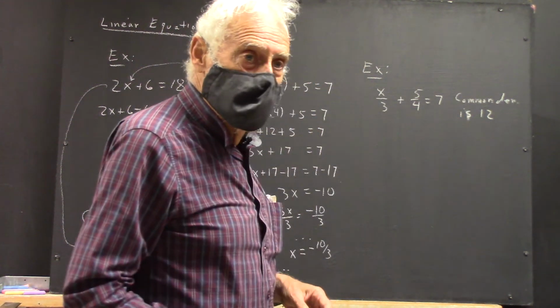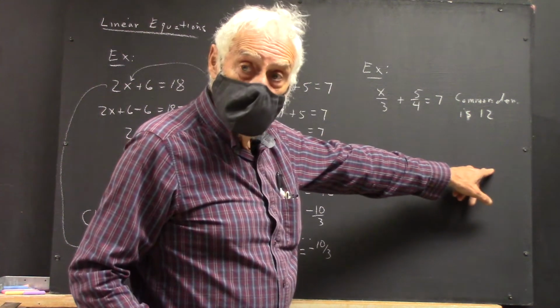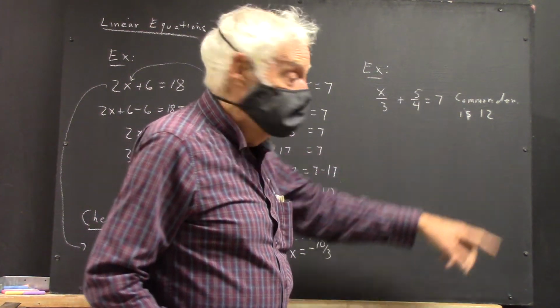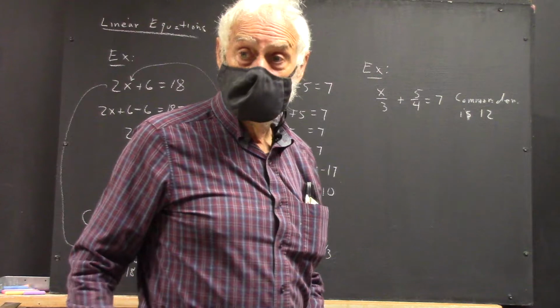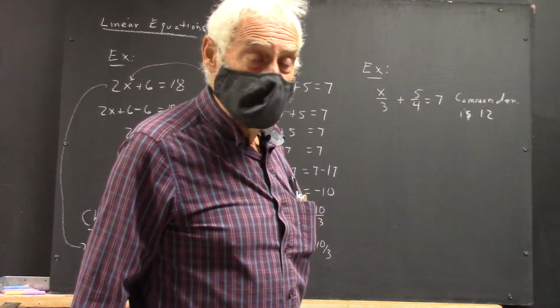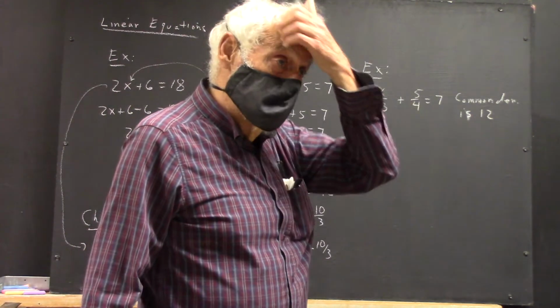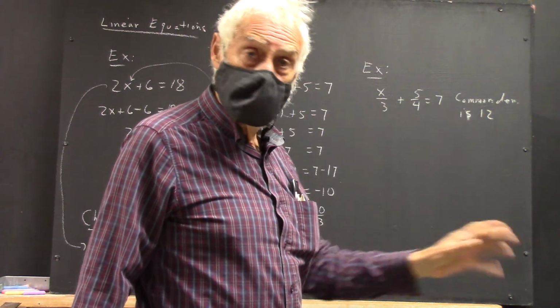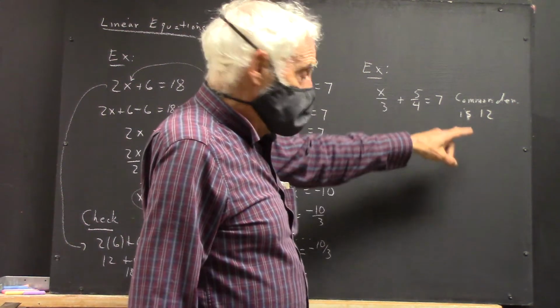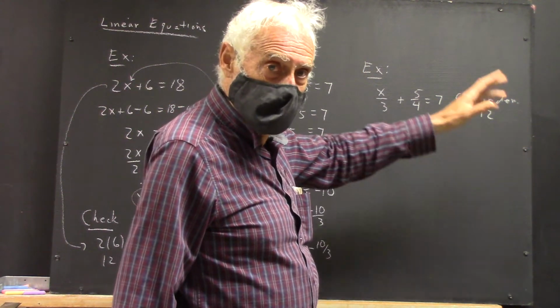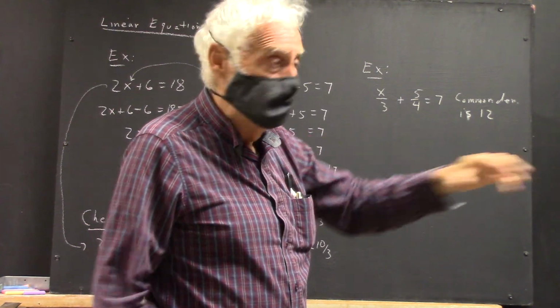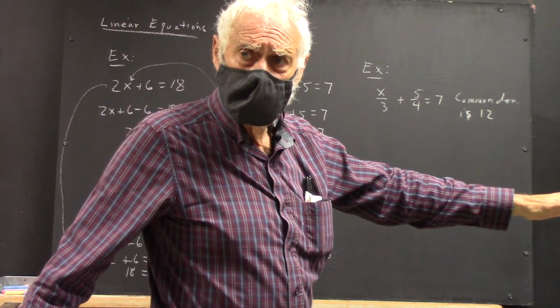So if I multiply both sides by 12, I'm going to get rid of all fractions. It's much easier to deal with these if you don't have to deal with fractions. You don't have to worry about common denominators. You just multiply by the common denominator, and that clears out all your fractions.